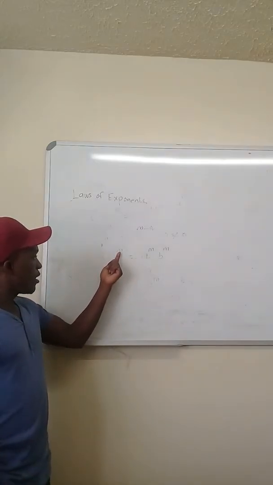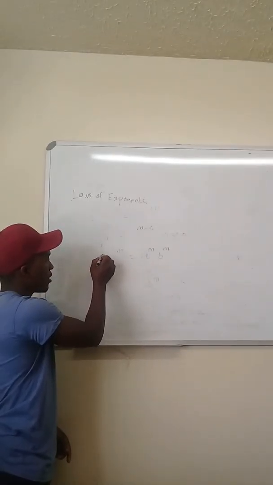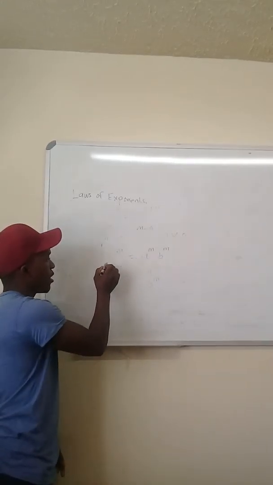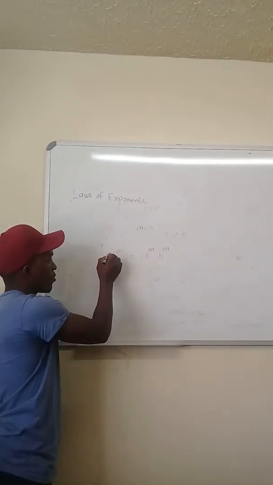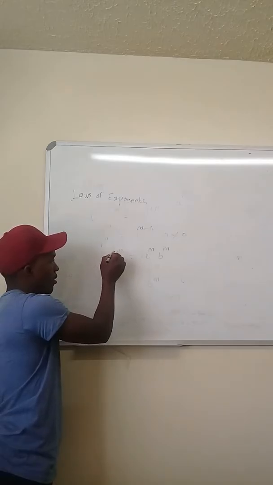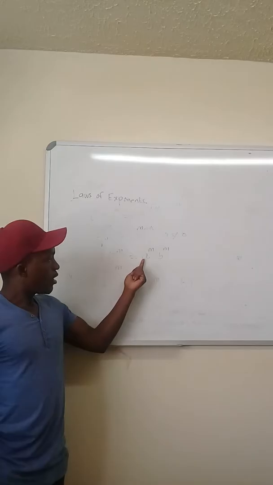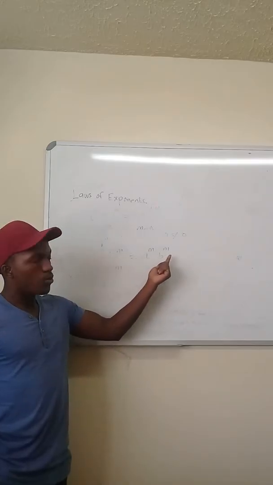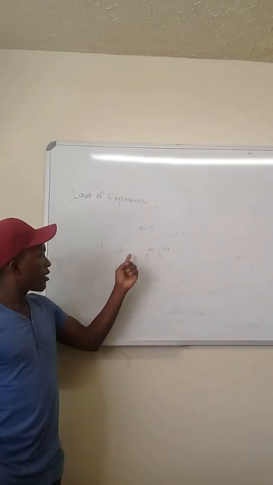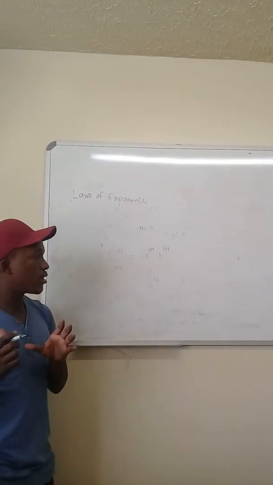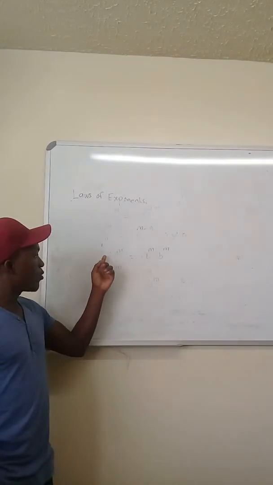And then m multiplied by the exponent 1 will give you a to the power m, multiplied by b to the power m, since m multiplied by 1 of the inside exponents gives m.